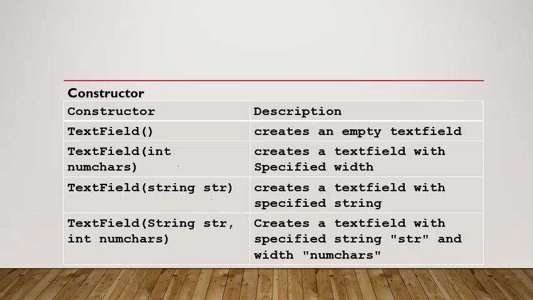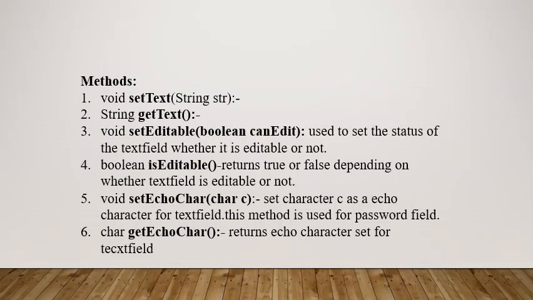If you call the method echo char on the text field, then your characters will be echoed. That is, whatever you type won't be displayed, but instead asterisks will be displayed. So that is setEchoChar. Basically we use the setEchoChar method when the user wants to type a password, so that no one can see what the user is typing.